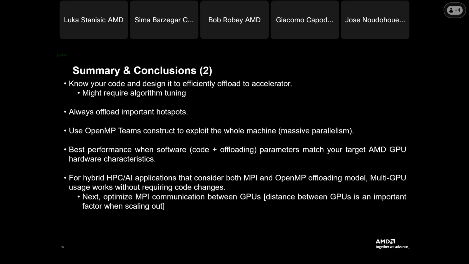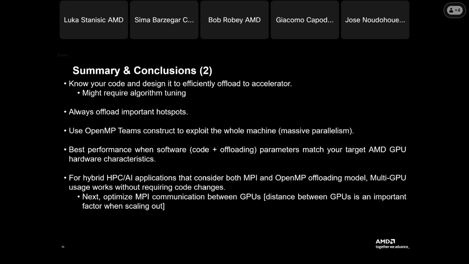When we say software parameters, let's say you are using OpenMP, for example: you have num_teams, you have thread limit, you have different kinds of parameters that my colleagues already talked about before. So you have plenty of parameters available. If you are able to match the hardware characteristics, then you will generally get the best performance out of it. As we said, you can get the hardware characteristics by using rocminfo.